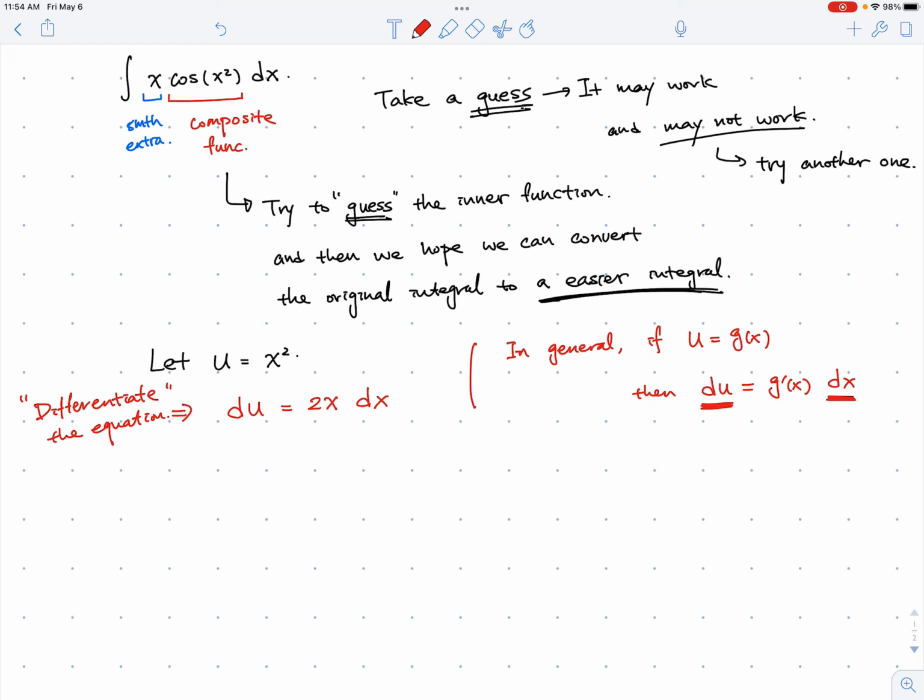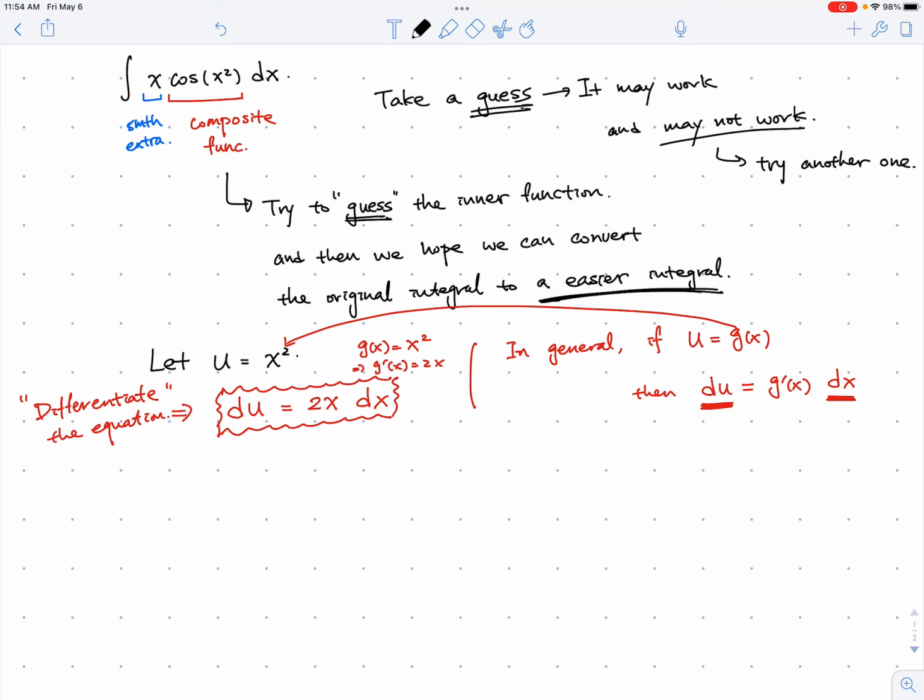Going back to the example, g of x is equal to x squared, hence g prime of x is equal to 2x. So the equation for my differential is du equals 2x dx.